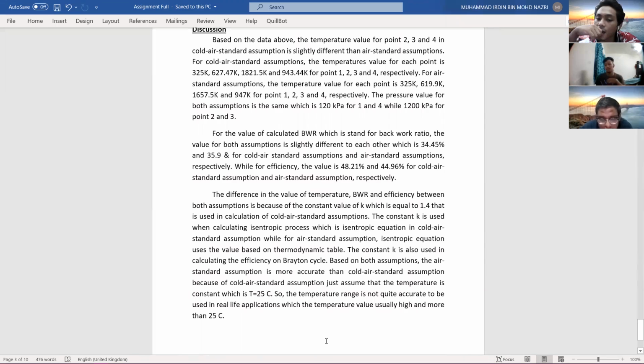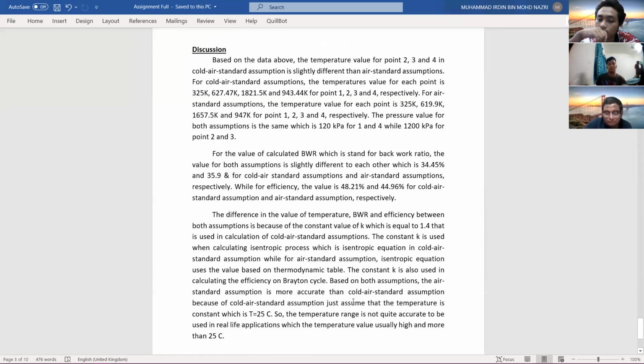It is because by using the cold air standard assumption, the assumption made is that the process occurs at 25 degrees Celsius. So it's not quite accurate for real life applications, because the Brayton cycle usually occurs at higher temperatures, not at 25 Celsius.